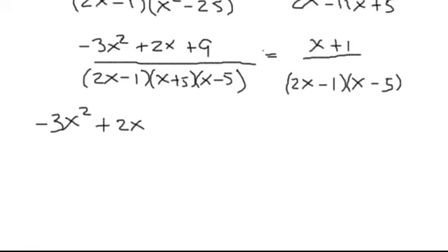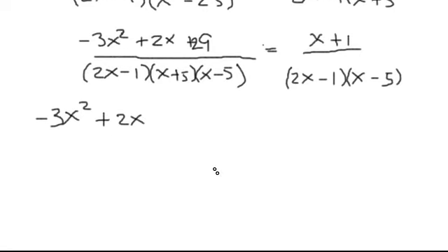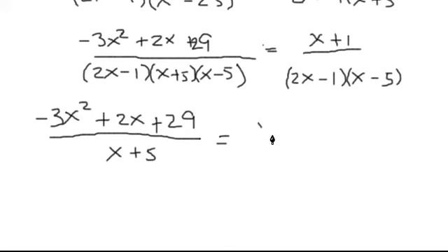Leave something off up here. Well, I just about made another mistake. 29 right there. It happens. Plus 29. Now I'm going to rewrite this. 2x minus 1, x minus 5. We don't have to write that. This becomes x plus 5 is equal to x plus 1.